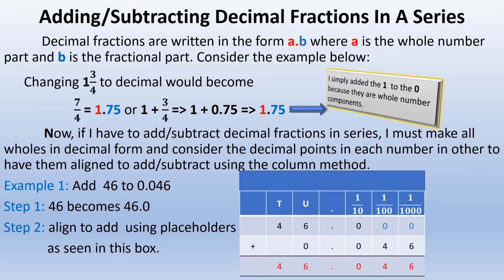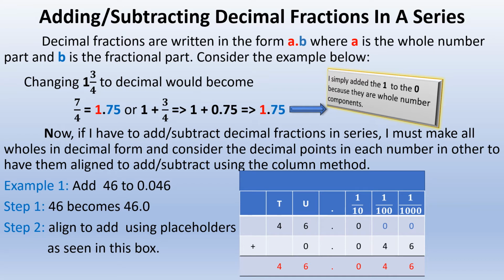Another way to look at this is to say 1 whole number and 3/4 is 1 plus 3/4. Then you change the 3/4 to decimal, and you have 1 plus 0.75. Now look at this board on the right.